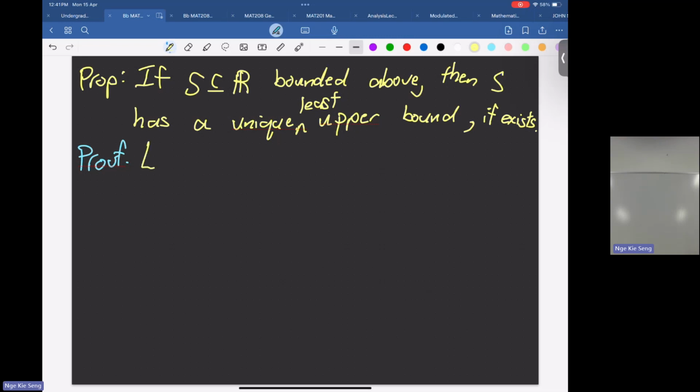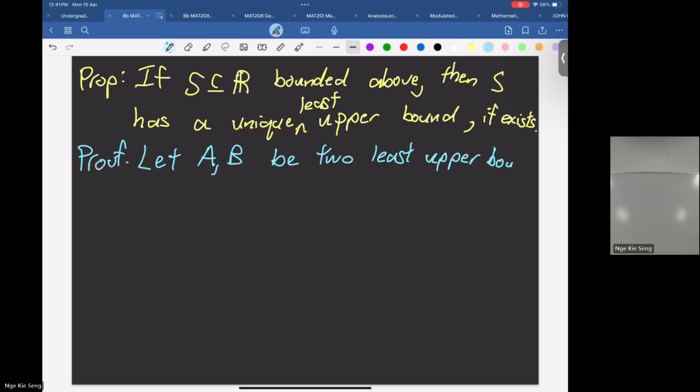So let A and B be two least upper bounds for S. We want to show that A equals B. What's the second property about a least upper bound?